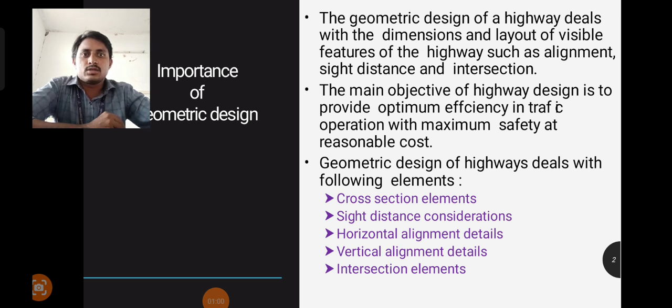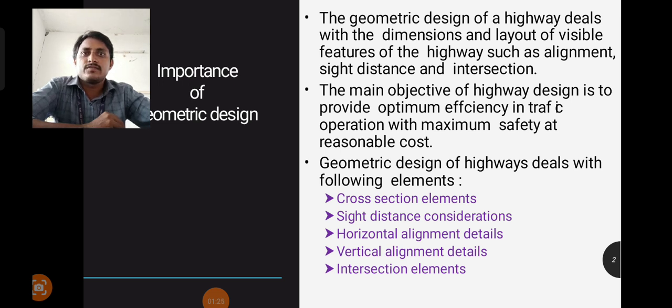In this topic, the dimensions of the road, for example the width of the road, length of the road, thickness of the road, what shoulder is provided, how much shoulder width is provided, and how much formation width is provided.